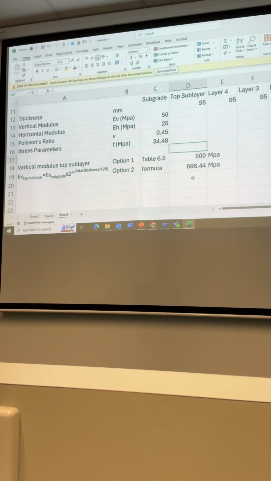And I got that my vertical module with that formula is 696.44.